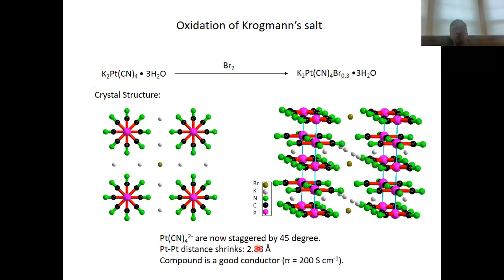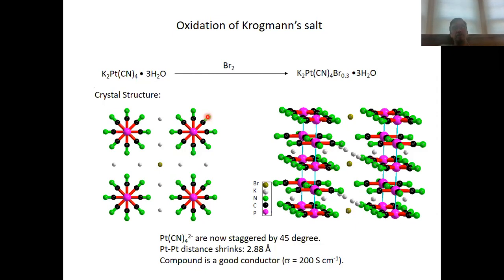Now, because of these shorter distances, there is more steric repulsion between the cyano ligands, explaining now why the PtCN4 units are oriented in a staggered conformation and not anymore in an eclipsed conformation.